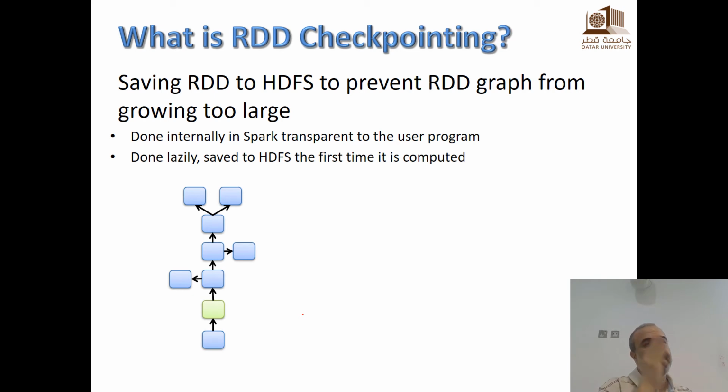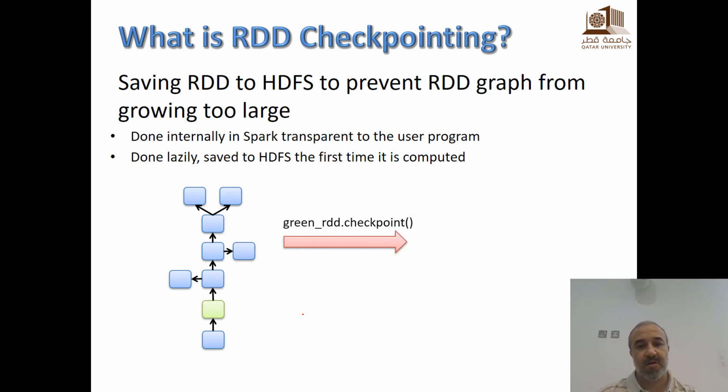Periodically, the RDDs will be saved to disk, so that if we need to go back in the lineage graph, we don't need to go very far in the past. We just go back up to the checkpoint. That makes recovery very fast.